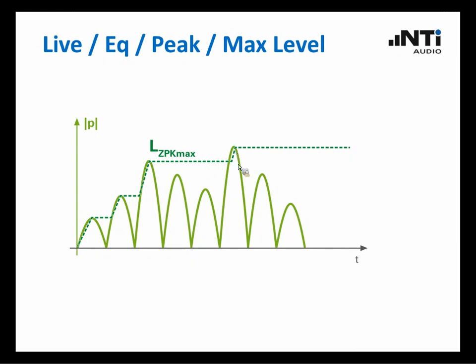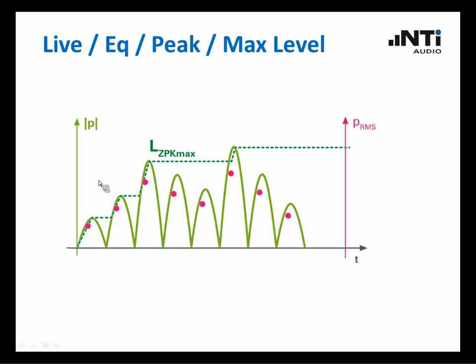And then again it stays up here to the end of my measurement unless there is an even higher peak. And maybe you notice the Z. Z means unweighted, so for this example I have no frequency weighting, but important is L, peak, and max stands here for that the displayed result will always represent the maximum peak level that has occurred during the measurement.